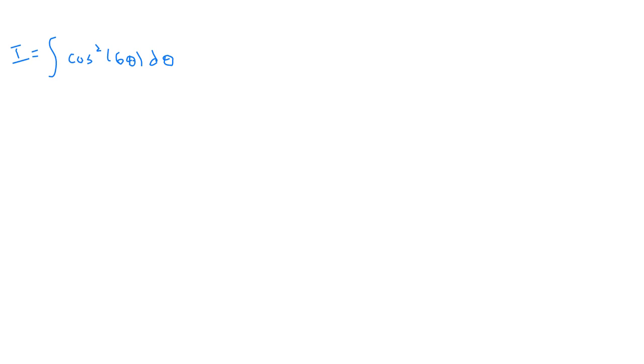Well, cosine squared is as basic as you get. It's not like we're taking cosine to the fifth and breaking it down into cosine squared and cosine. Cosine squared is a basic one, so to speak. So how are we going to handle that?